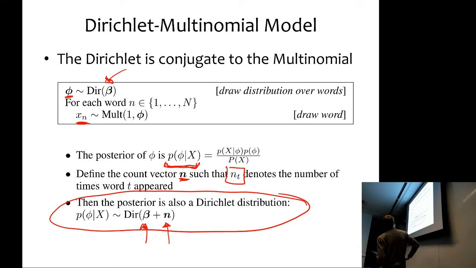So if instead I had sampled parameters phi from a Dirichlet distribution, and then I had somehow used those as the mean of a Gaussian and sampled a bunch of x's from a Gaussian, the posterior over phi would not be a Dirichlet distribution. In fact, I have no idea what it would be. I don't think it would be any distribution that we have a name for.